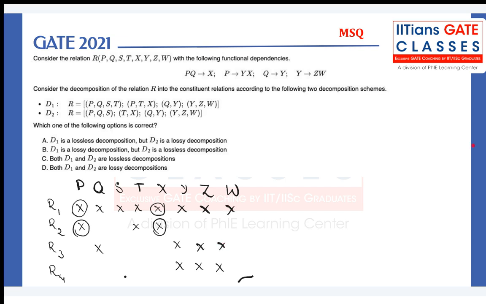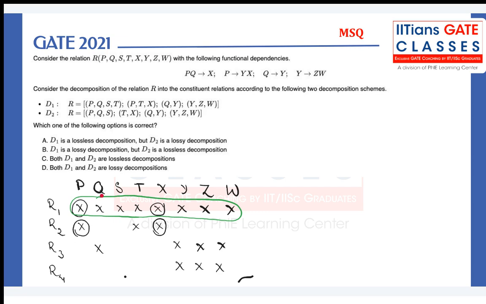Do you get a row with all values marked? So is it lossless or lossy? Lossless. So D1 is a lossless decomposition.